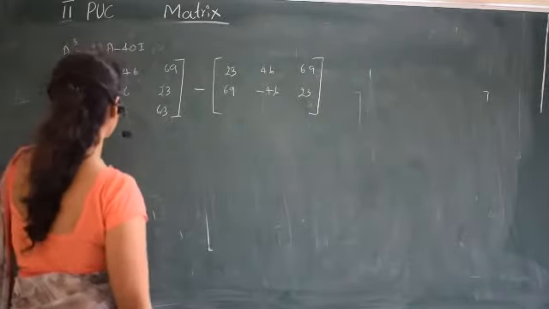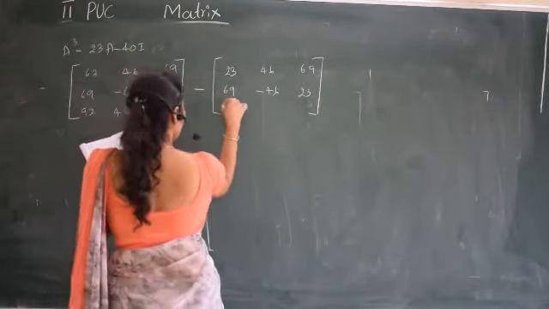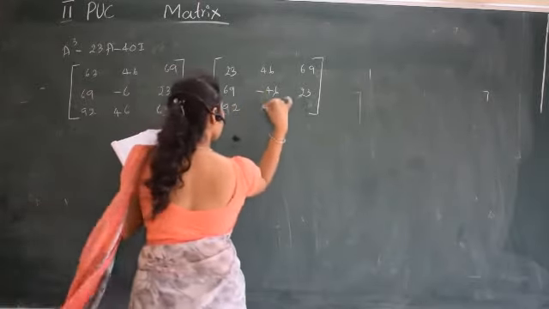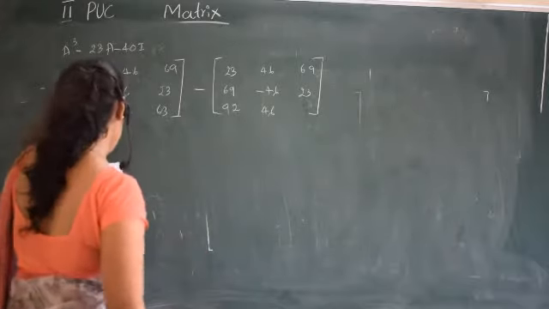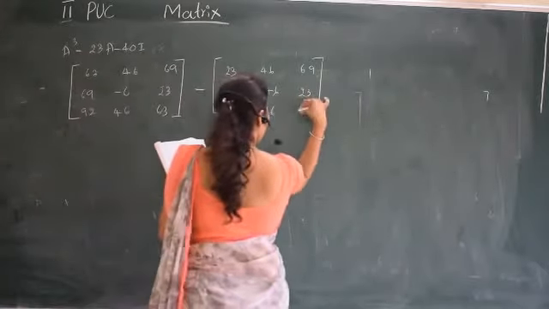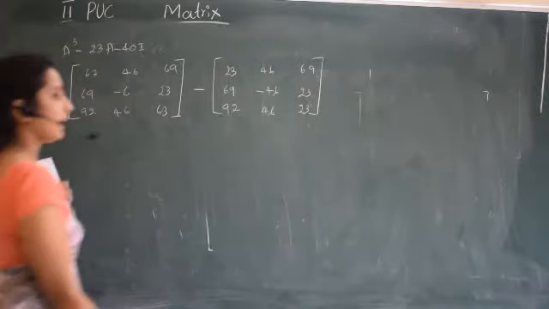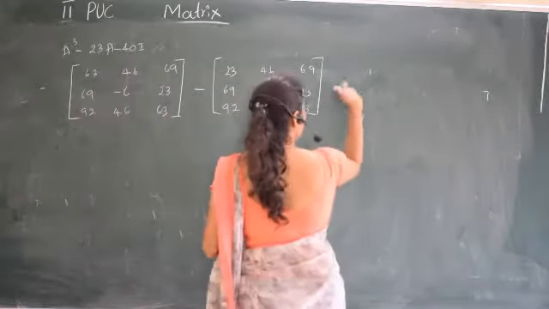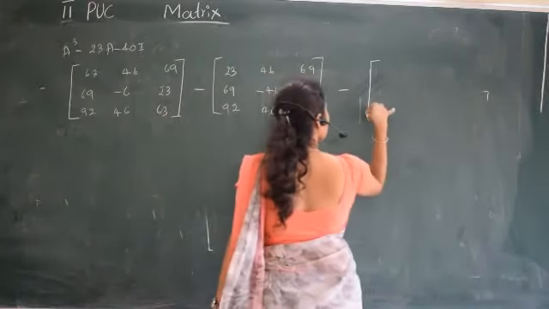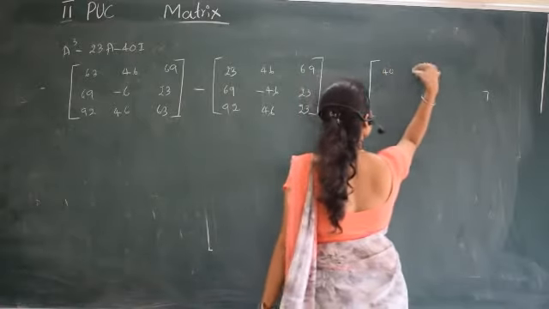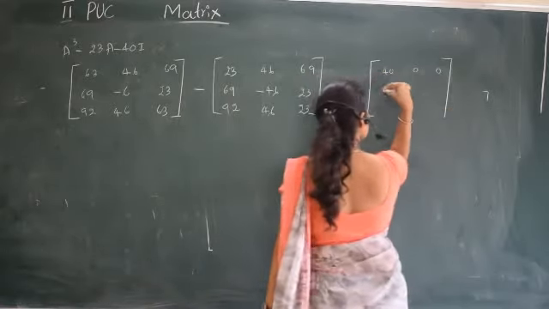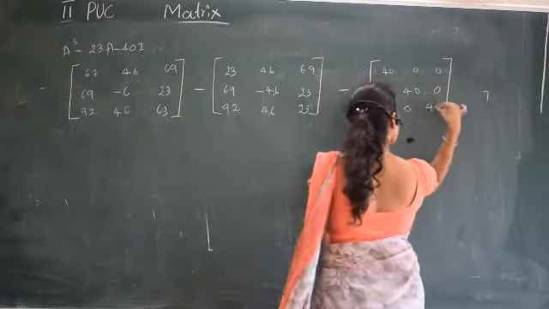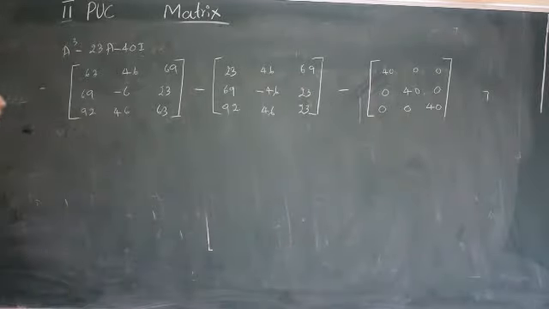Next 23 into 4 is 92, 46, 92, 46, and 23. So this is 23A. Minus 40I, which is 40, 0, 0, 0, 40, 0, 0, 0, 40. So this is the matrix we have calculated.